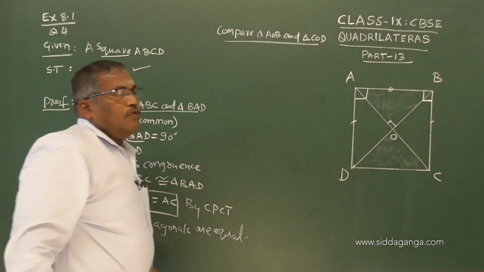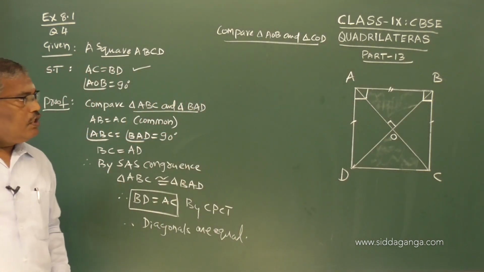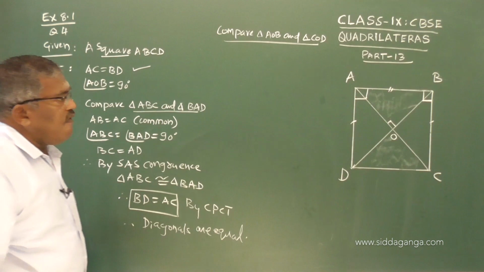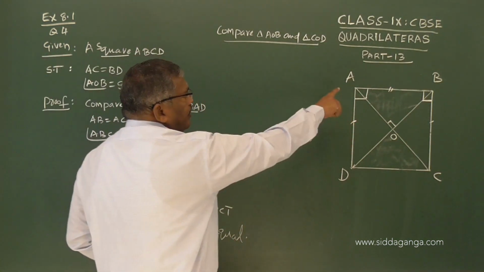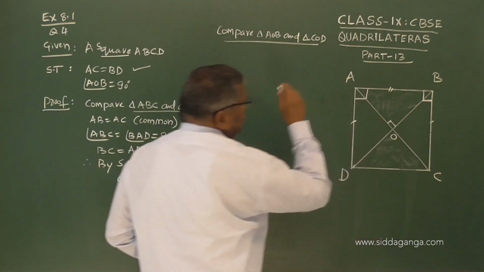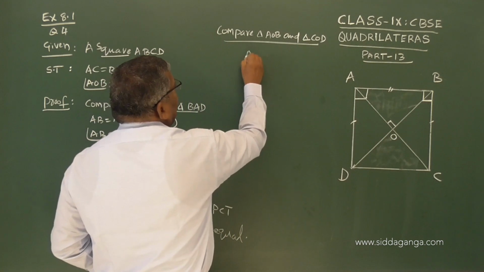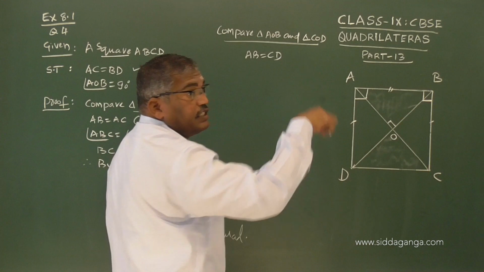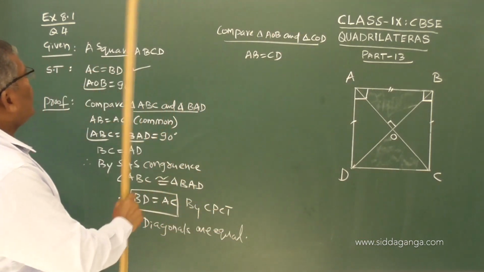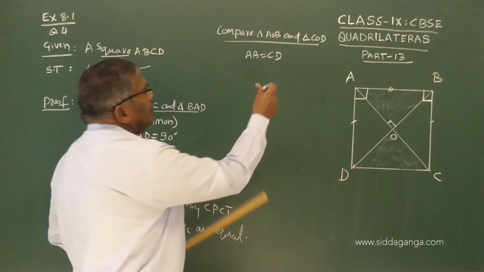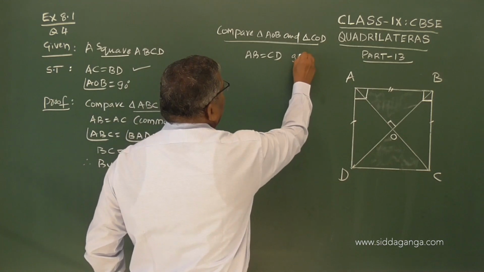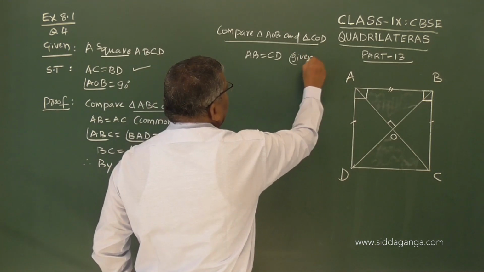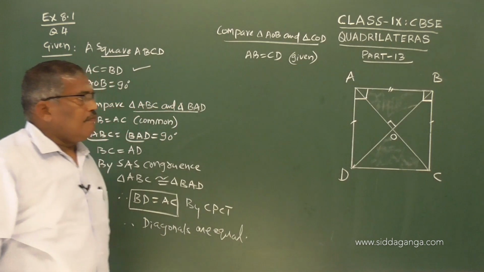In these two triangles, see we have AB is equal to CD, opposite sides of a square. So, therefore, I will say it is given data. Given.